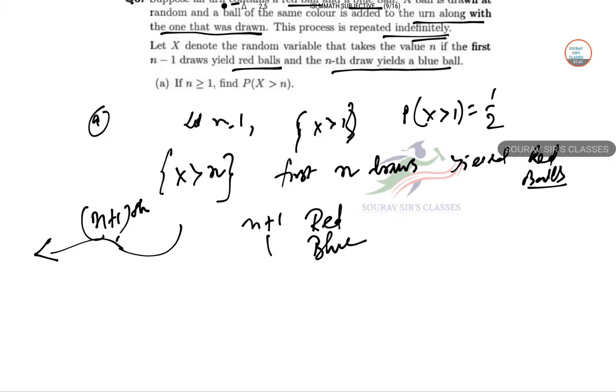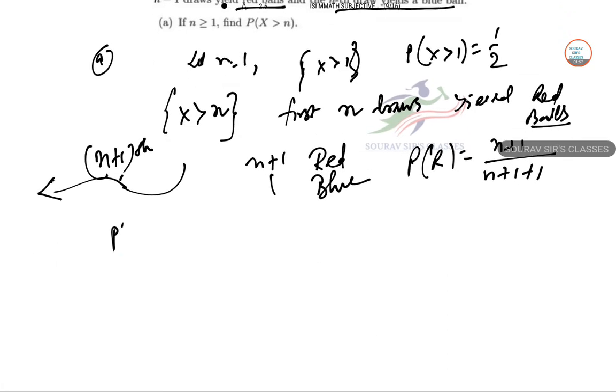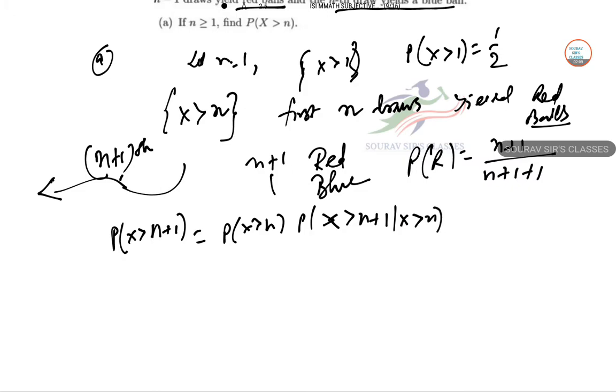So the probability to draw the red ball becomes n plus 1 over n plus 1 plus 1. So the probability of X greater than n plus 1 is the probability of X greater than n times the probability of X greater than n plus 1 given X greater than n.